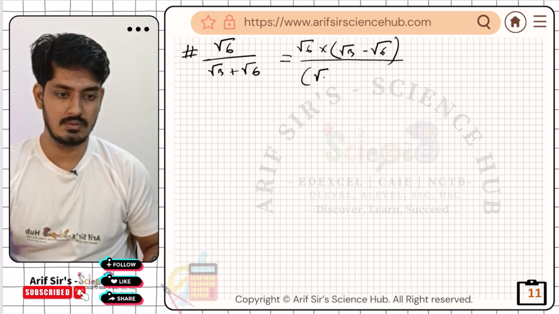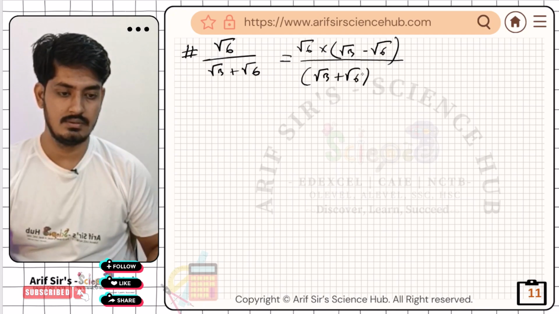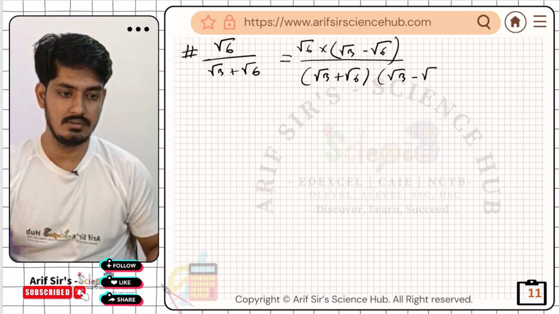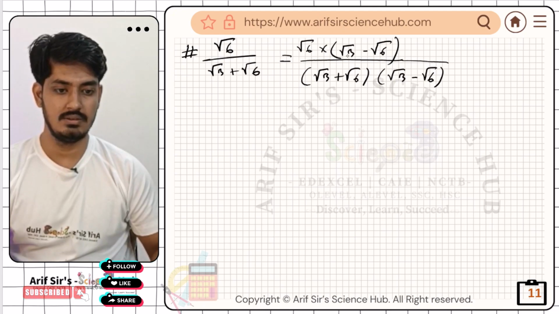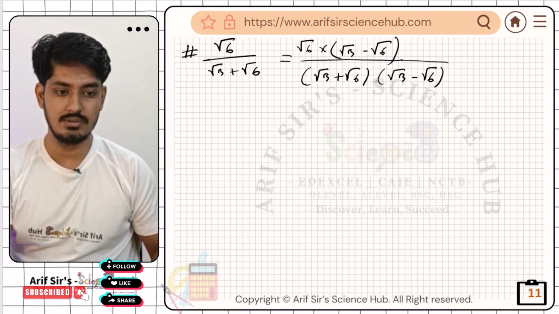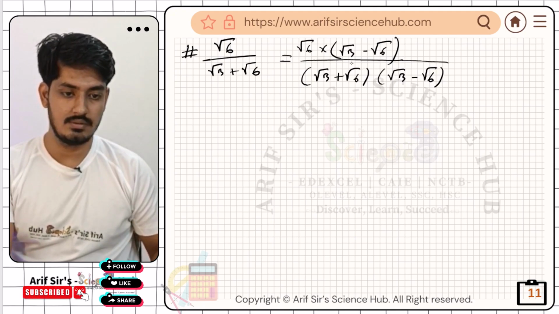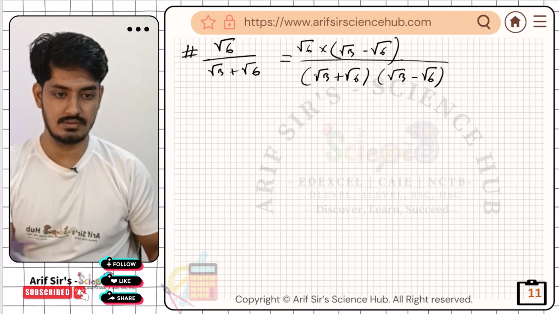So root 3 plus root 6 into root 3 minus root 6. So easily we can just multiply the denominator and numerator by the help of root 3 minus root 6, okay.